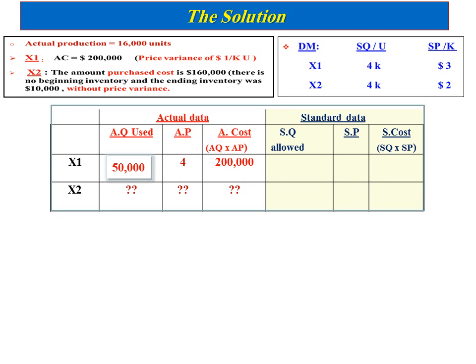I need the actual quantity used cost, the cost of quantity used, not the cost of quantity purchased. Here I have information: there is no beginning balance of inventory, and the ending was 10,000.